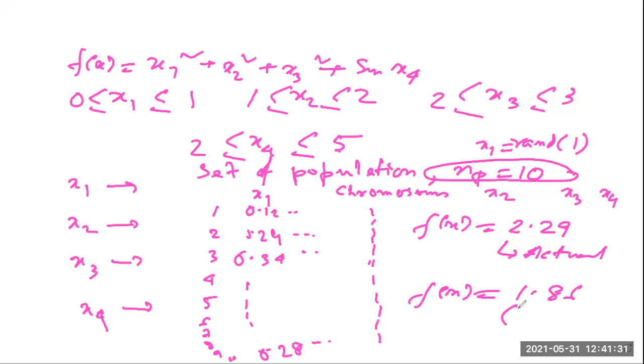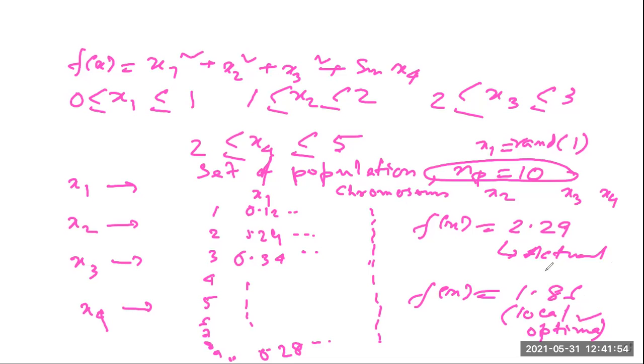That means the solution you have got is trapped in a local optimum. You have not got the actual value, you have got a reduced value. So the solution you are getting is not your optimum solution; it is trapped in the local optima.